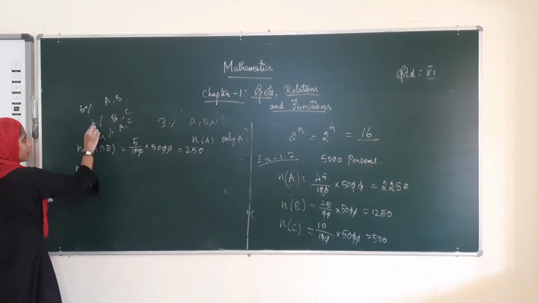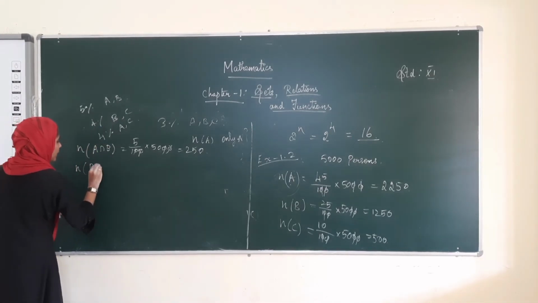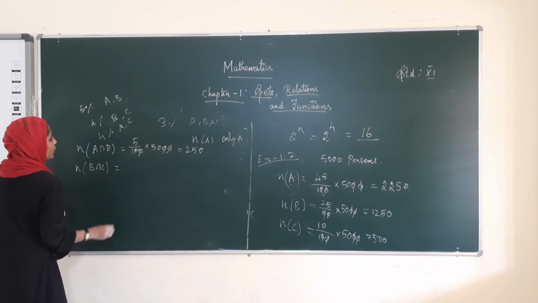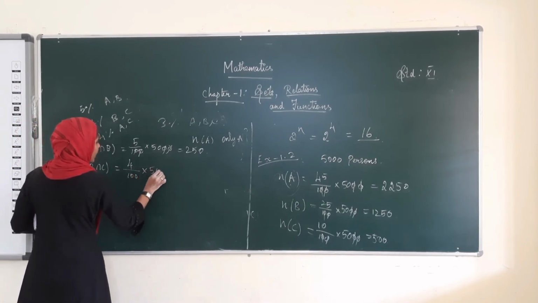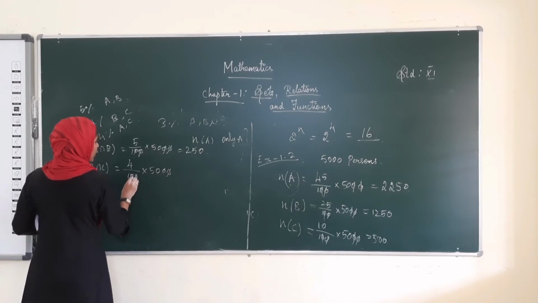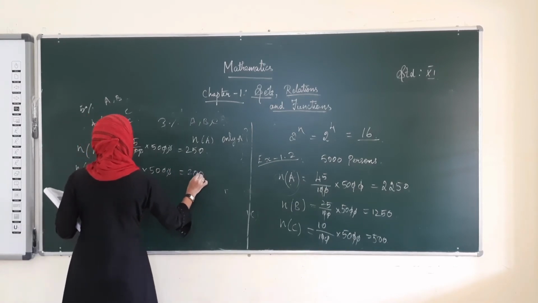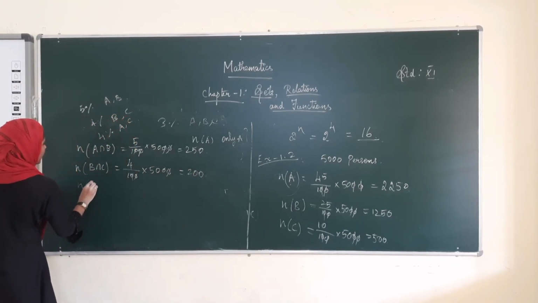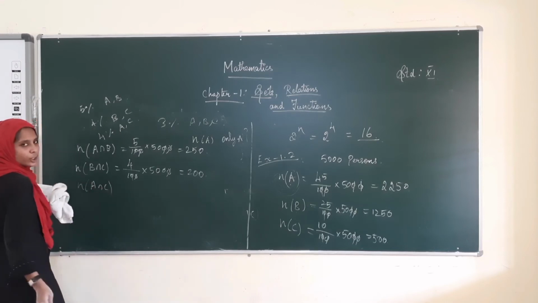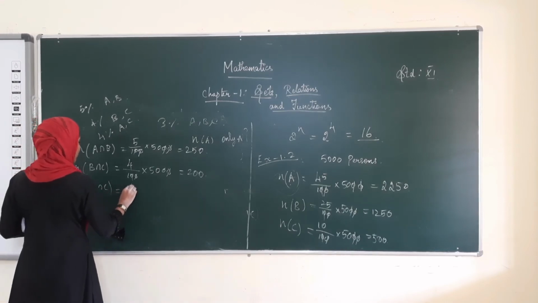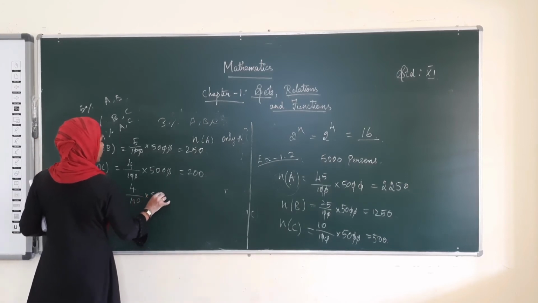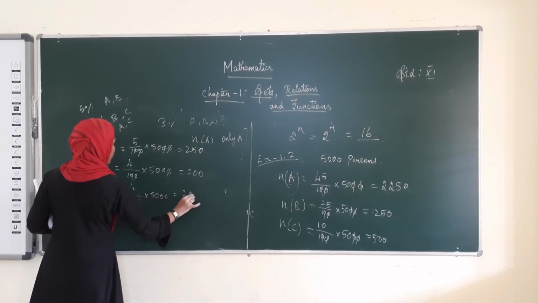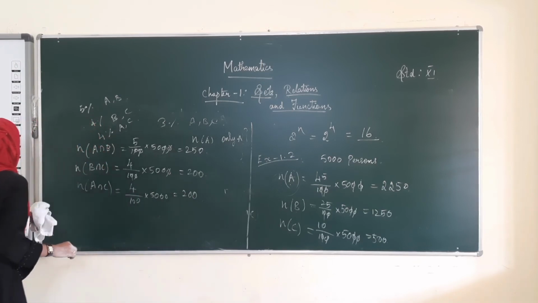And then the persons who know both languages B and C, that is n of B intersection C, equal to 4%, that is 4 divided by 100 into 5000, that is 200. And A intersection C, persons who know both languages A and C, is 4%, again 4 divided by 100 into 5000, equal to 200.